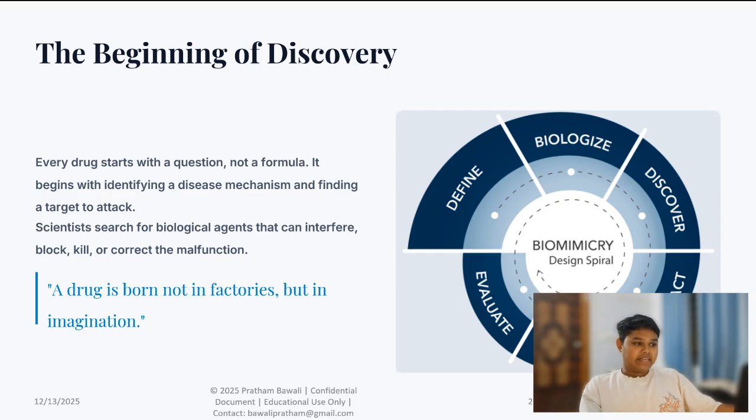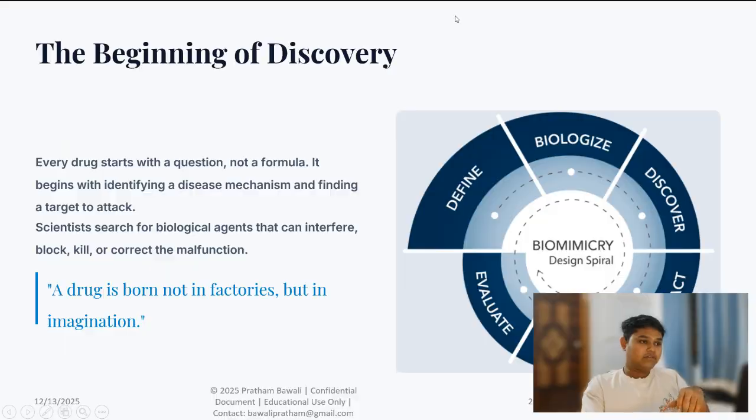Scientists search for biological agents that can interfere, block, kill, or correct the malfunction taking place in the cell, in the organ, in the tissue, in the blood cells, and anywhere in the body. So basically, we can say a drug is born not in factories, but in imagination.